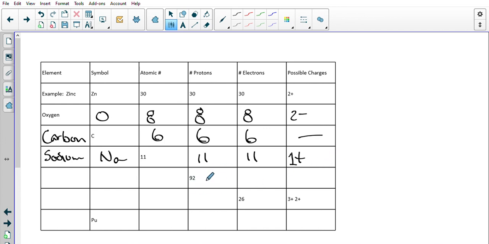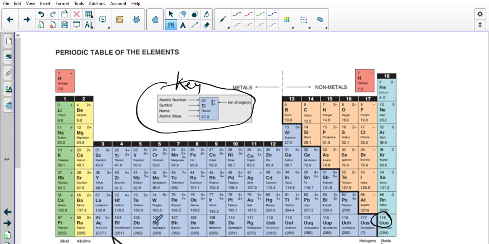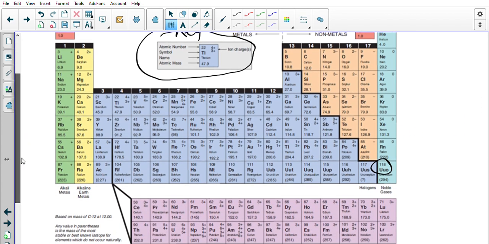All right, number of protons is 92, which means the atomic number is 92. The number of electrons would be 92. Well, what's element number 92? We go through, where's 92, 76, 80, 86, 87, 88, 89, 104. Come on. And then we realize, oh yeah, we have to go down.